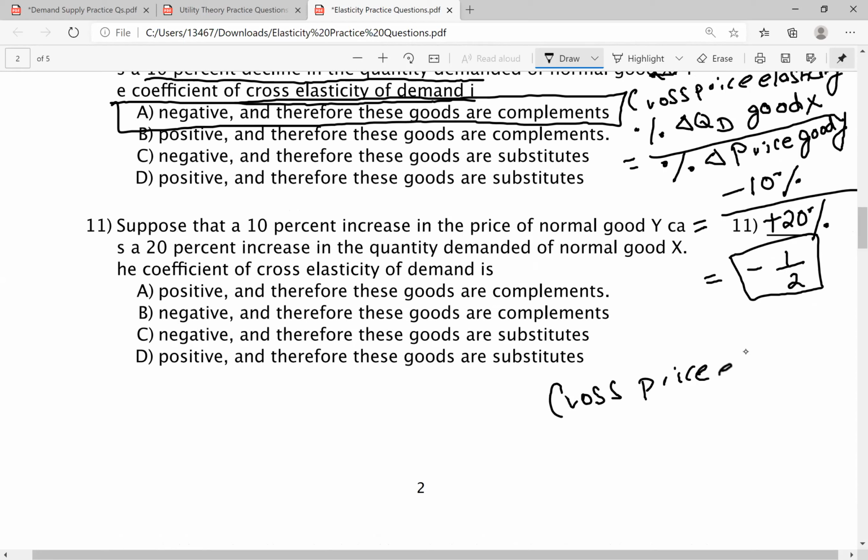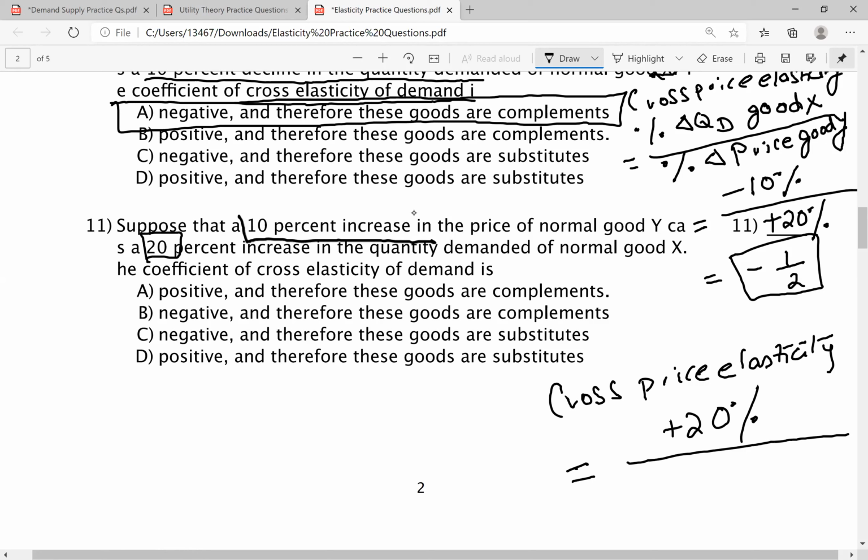The cross price elasticity will be equal to percentage change in quantity demanded of good X, which is 20%, over the percentage change in price of another good, which is good Y, which is equal to 10%. So my result will be equal to 2, and the goods in question are substitutes.